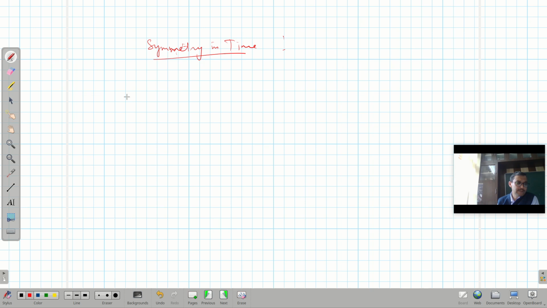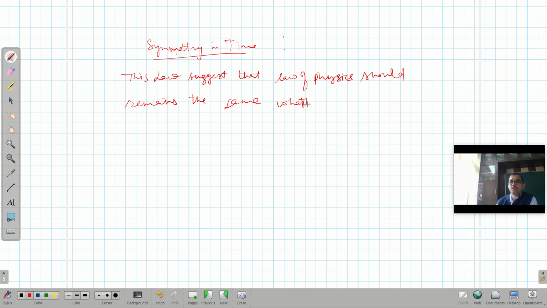It is a little bit complex concept, and this law suggests that laws of physics should remain the same whether time moves forward or backward.